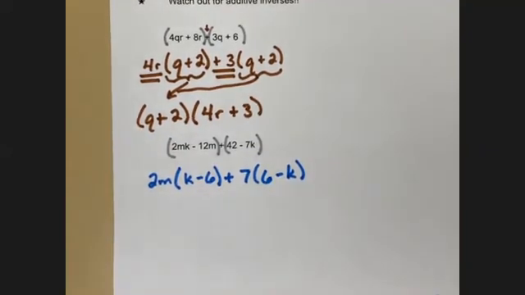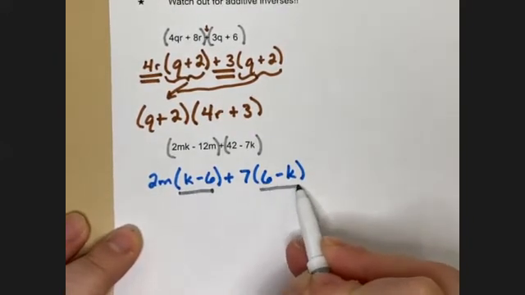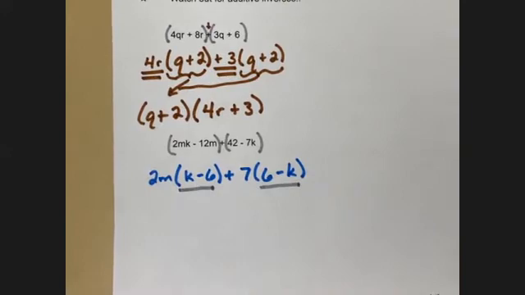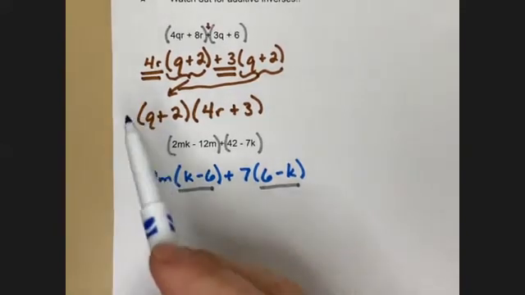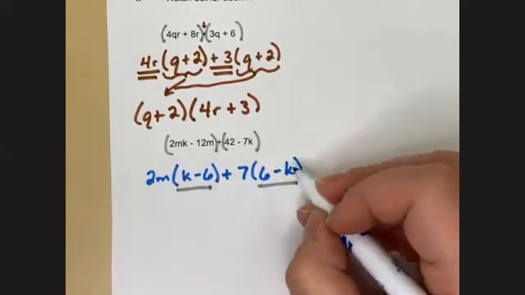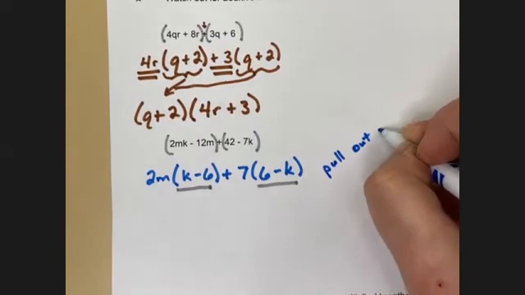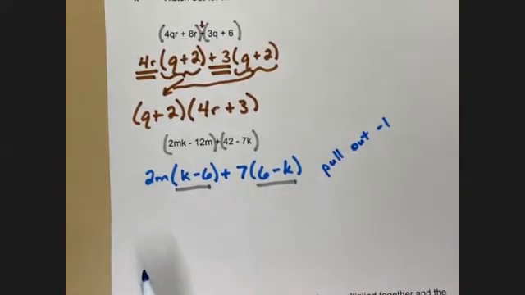Now, this is what we were talking about when I was talking about additive inverses, because you see I have k minus 6 and 6 minus k. They're the exact same numbers, but I am subtracting them in a different order. So 5 minus 2 is not the same thing as 2 minus 5. So I cannot just group them and pull them out like I did up here. But what I am going to do is change one of these and flip it around by pulling out -1.